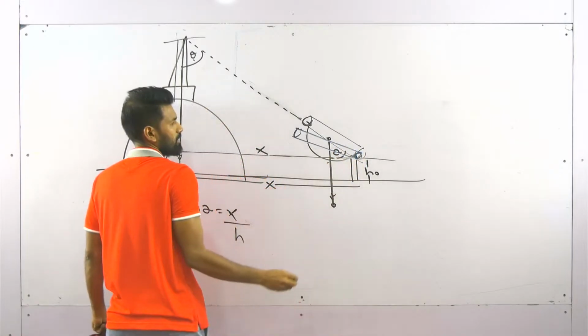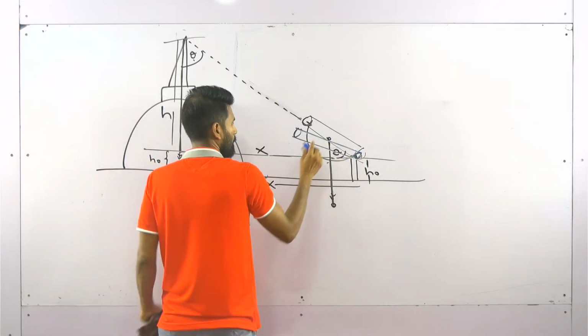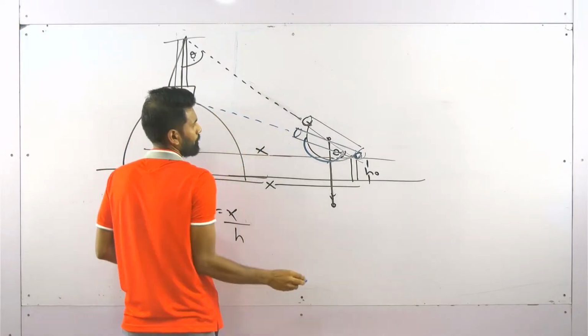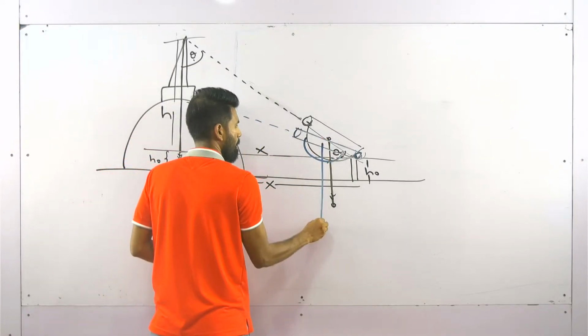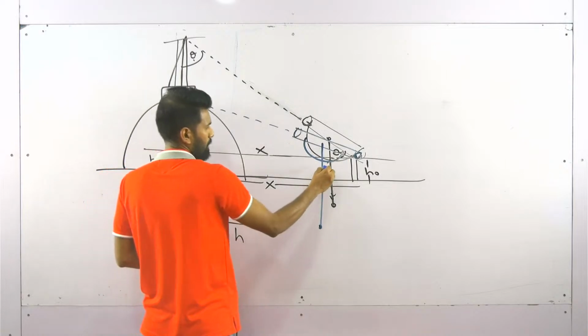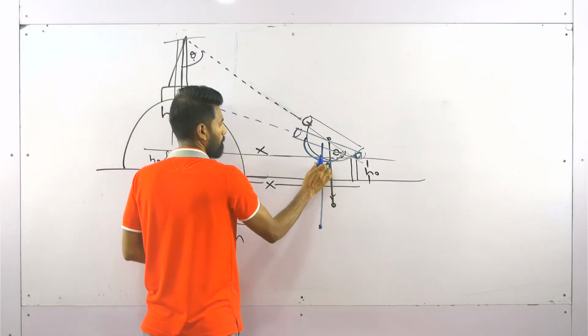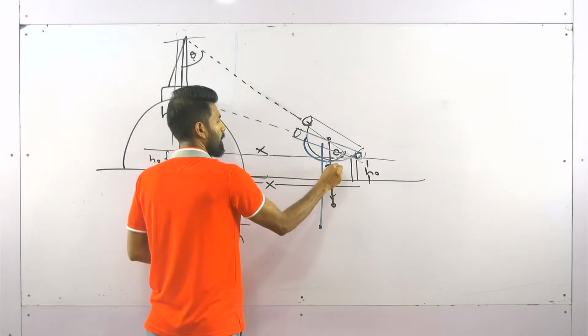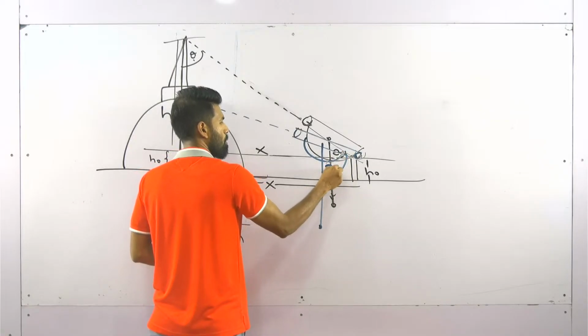Now the second thing I suggest, I will draw in the blue color. Keep the inclinometer like this. Aim it for this position. Then you can measure the angle gamma.